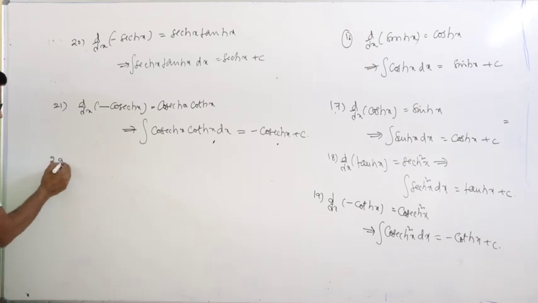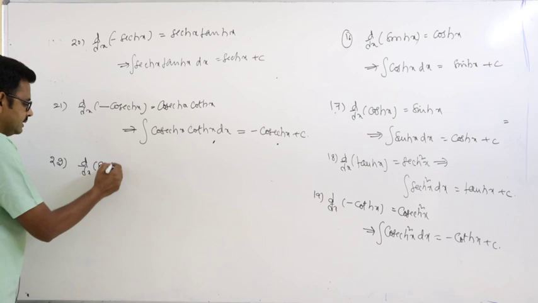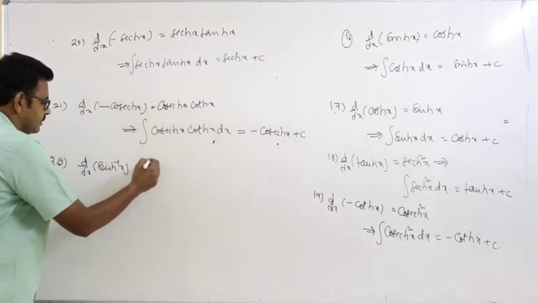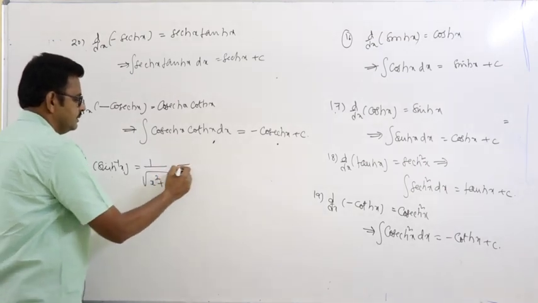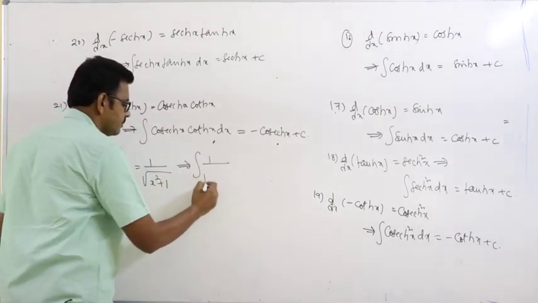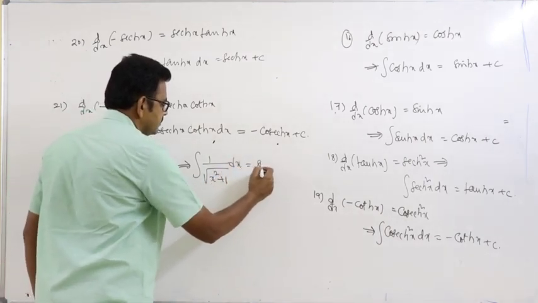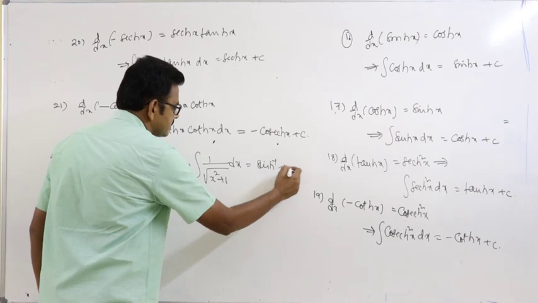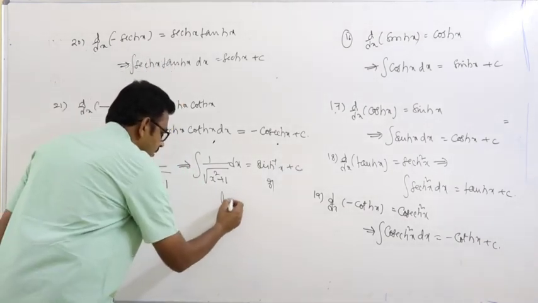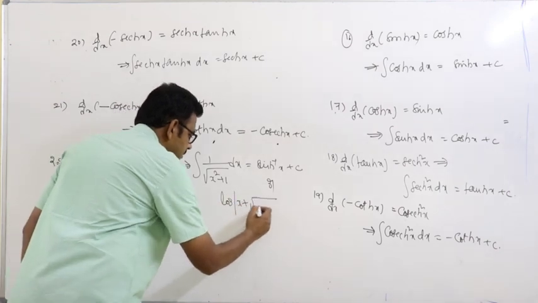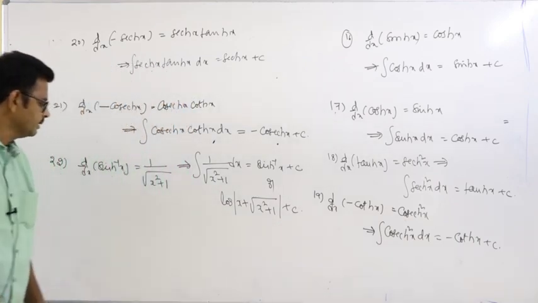Next, inverse hyperbolic. Derivative of sin h inverse x is equal to 1 by root of x square plus 1, which implies integral 1 by root of x square plus 1 dx is equal to sin h inverse x plus c, or in terms of log, log of mod x plus root of x square plus 1 plus c.